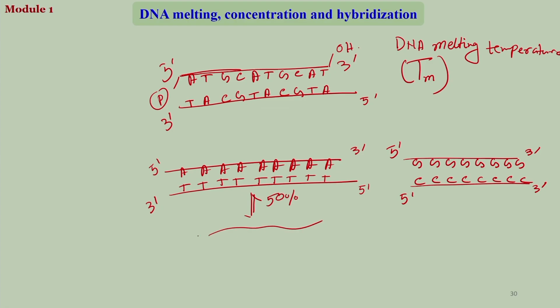into the individual single strand. So here will be all A, here all T. That is called the denaturation.